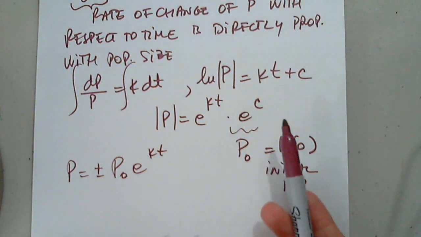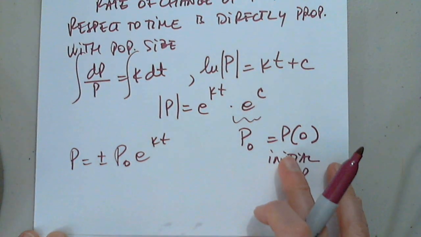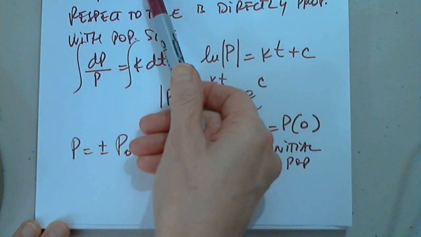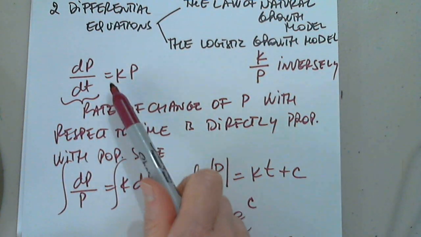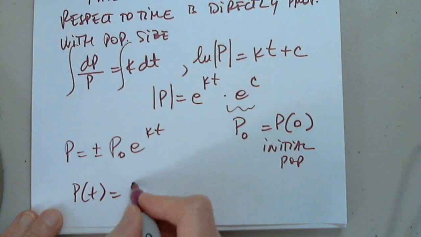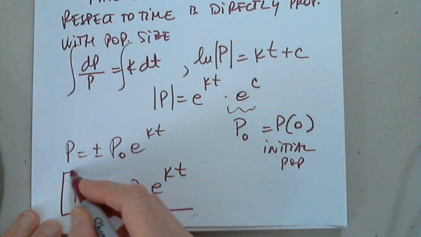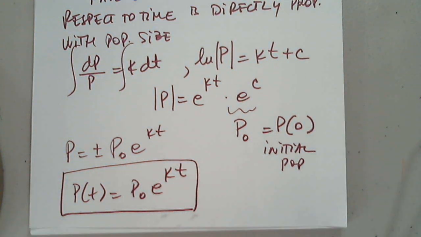But of course, the initial population cannot be negative. So the general solution of this differential equation is going to be P of t equals P0 e to kt. We've seen this from algebra.